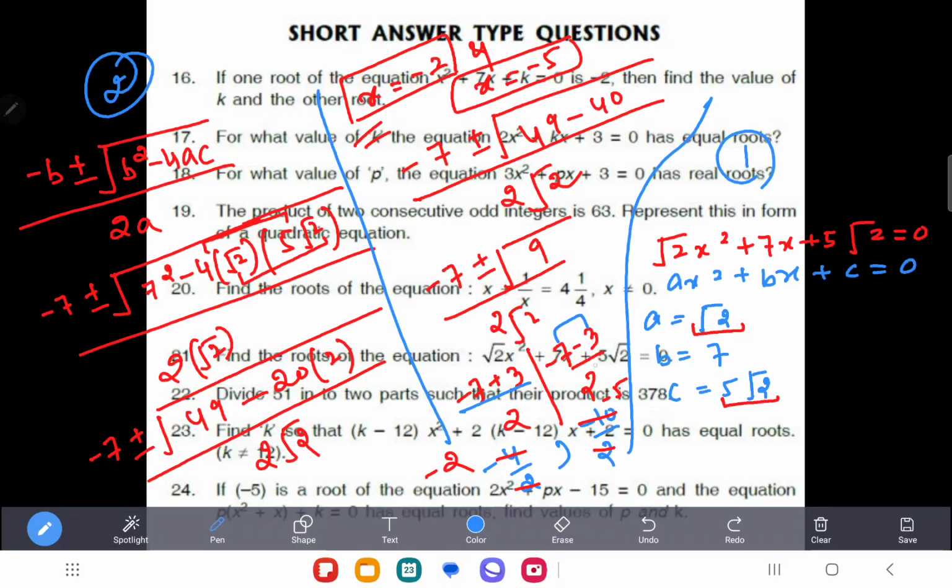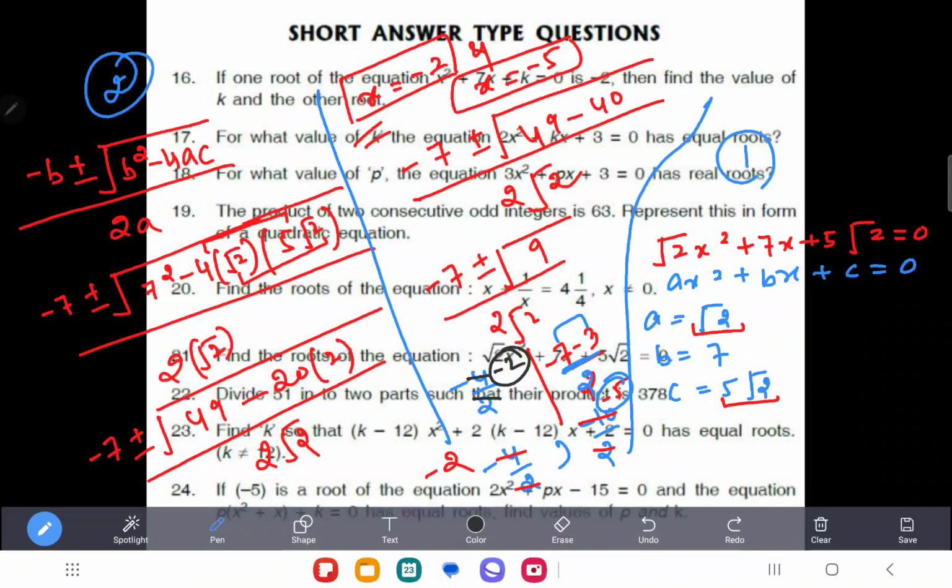Minus 10. Minus 10 over 2 becomes what? Minus 5. And minus 7 plus 3 becomes what? Minus 4. And minus 4 over 2 becomes what? Minus 2. Yes or no? So this is the answer.